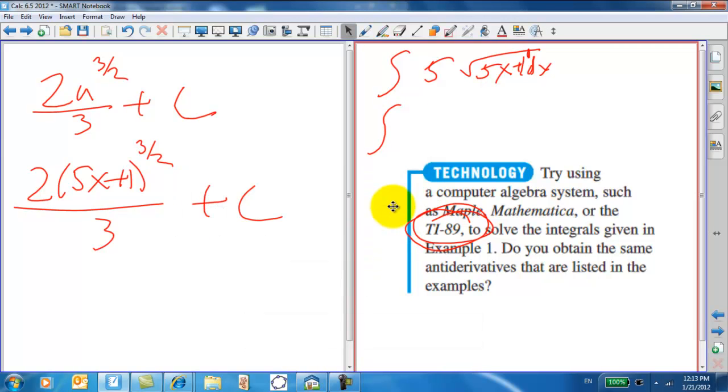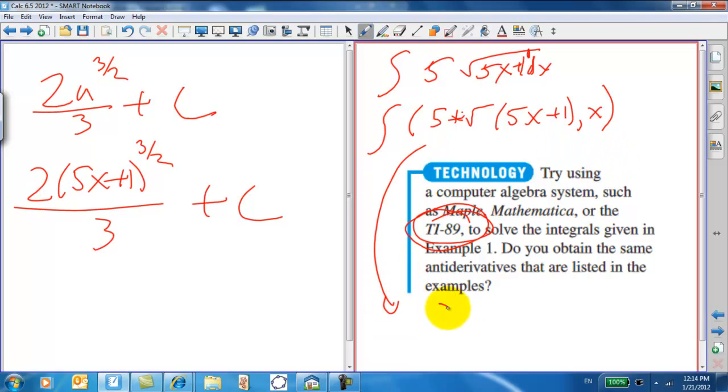Notice when you do this on the 89, this squiggle, this integral symbol, is above the 7. And you go left parenthesis, 5 times square root, left parenthesis, 5x plus 1, right parenthesis, comma, x. It actually gives you the answer of 5x plus 1 to the 3/2 over 3.